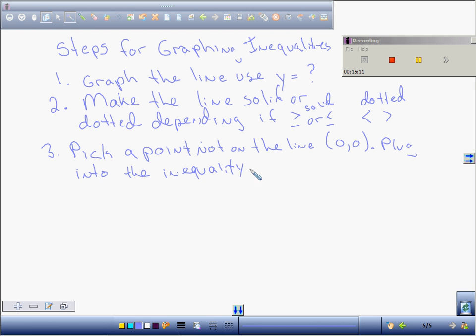If the point you picked makes it true, shade toward the point.